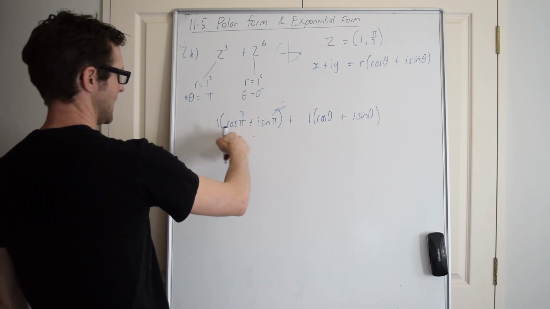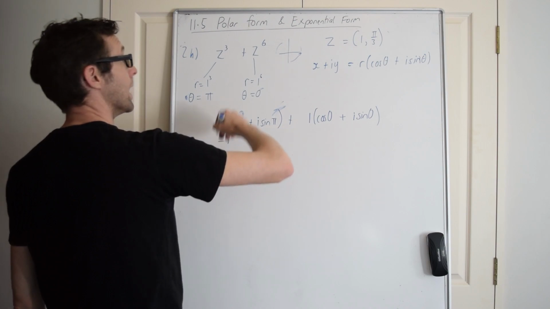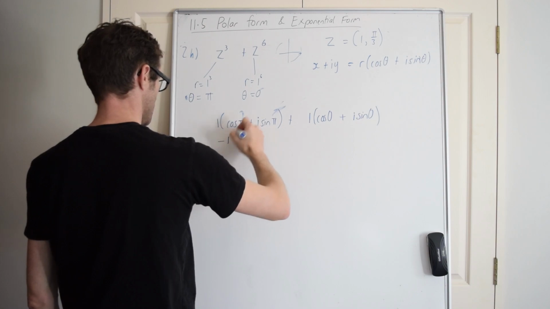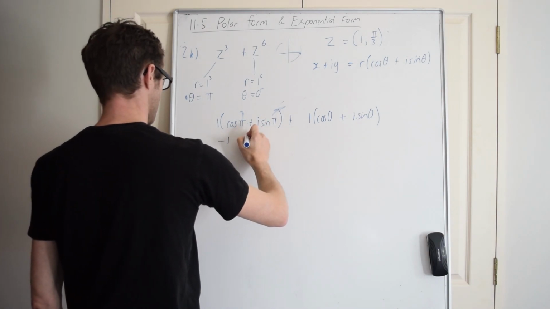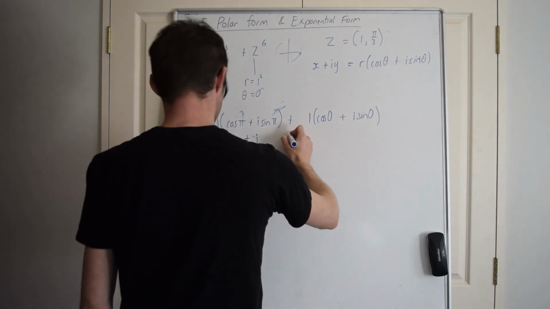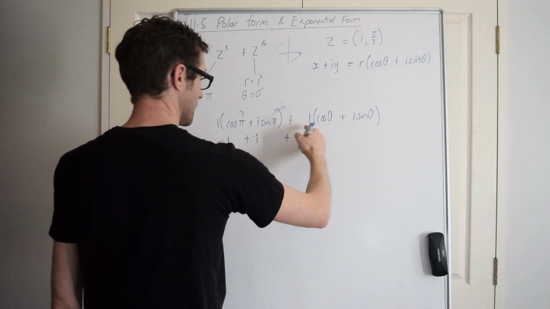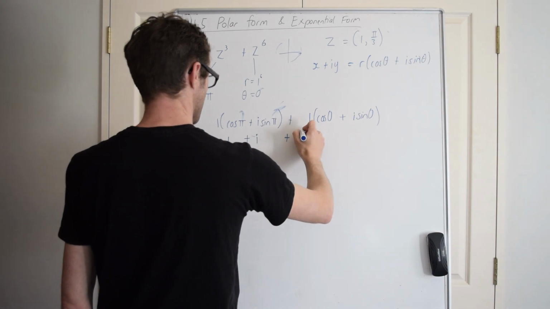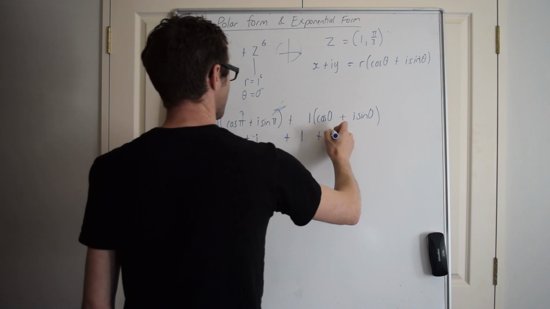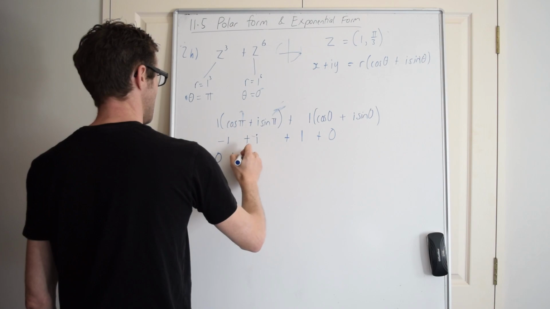What does this give us? That's minus 1, plus sine pi, that's 0. Plus, and here we'll have cosine 0 is 1, plus sine 0 is 0. So we end up with 0 plus i.